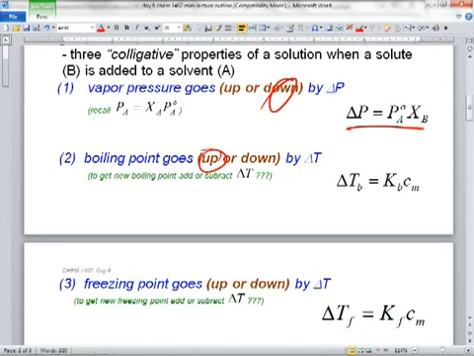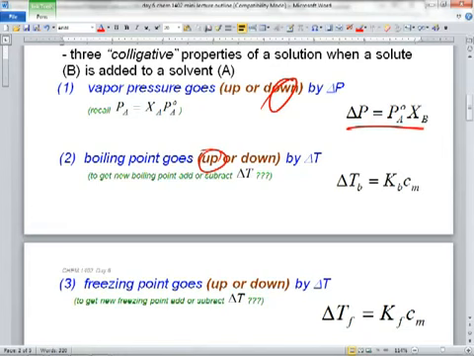It goes up by an amount, delta T. So to get our new boiling point, the homework is going to say, what's the boiling point of water after we dump in some stuff? So we use this equation to get our delta T. Do we add or subtract it from the true boiling point, the pure boiling point? Like water's supposed to boil at what, 100 degrees Celsius?